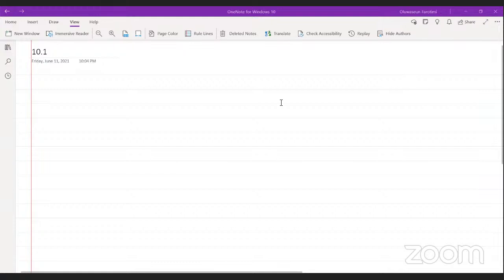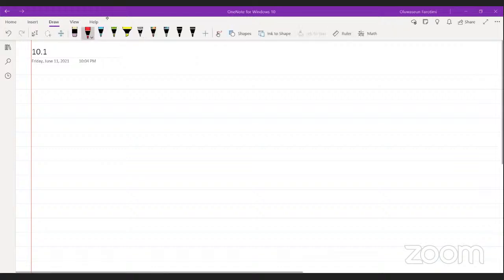We're starting to discuss chapter 10 of the Steelwork textbook. We're going to start with the first session on chapter 10, and that's 10.1.